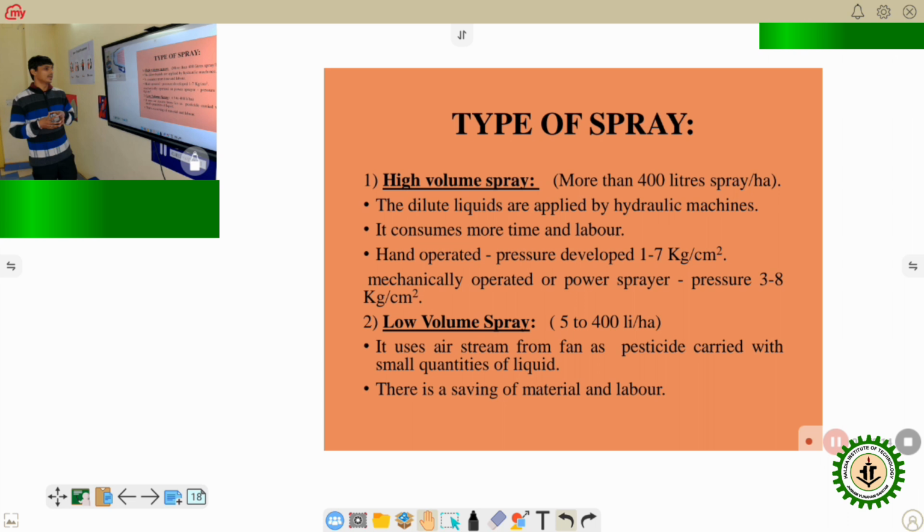And this type of sprayer, air strips fan, is generally used for spraying liquid effectively. It is effectively saving materials and labor also.